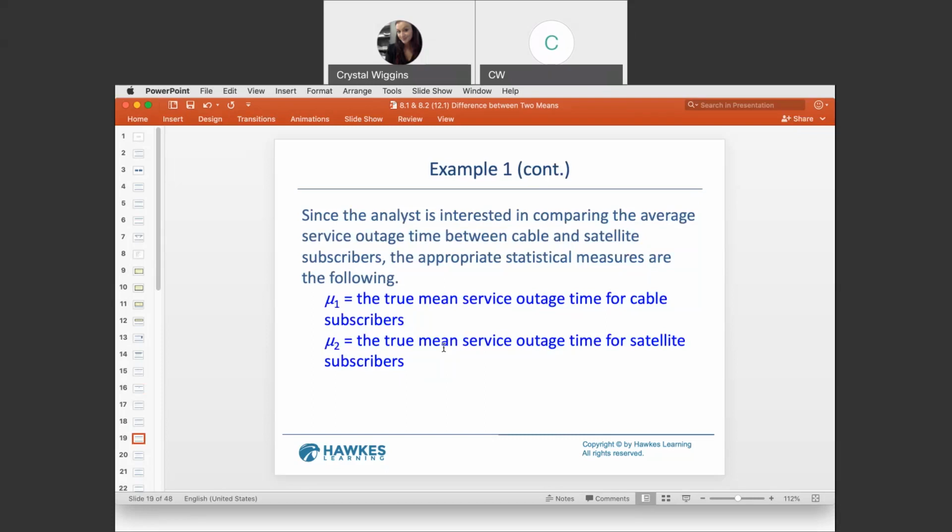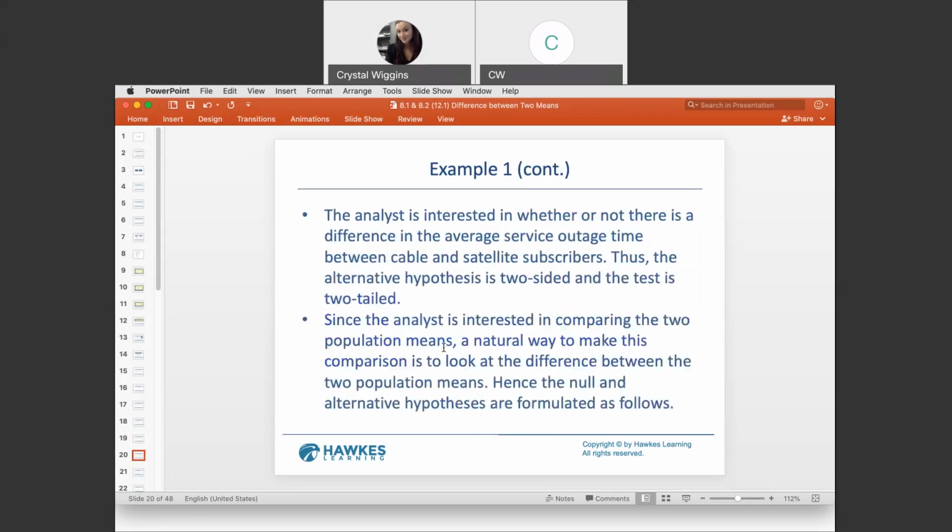So that will be nice that the PowerPoint is labeling the same. The analyst is interested in whether or not there is a difference in the average service outage times between cable and satellite. Thus, the alternative hypothesis is two-sided, and it is a two-tailed test, as I previously stated.